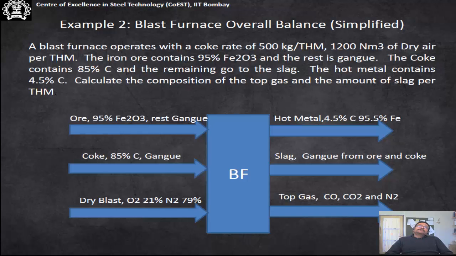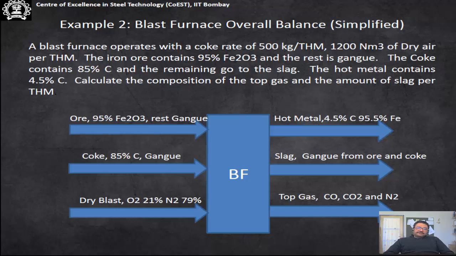A blast furnace is used for production of iron from iron ore, where you have a large furnace almost 25 meters tall, where the iron ore and the coke, which is the basic fuel as well as reducing agent, are fed from the top, and from the bottom hot blast, basically air with other additions, is injected. Then the iron oxide gets reduced to iron, and it becomes molten, and of course it also dissolves elements like carbon and other minor elements, and it comes out as hot metal.